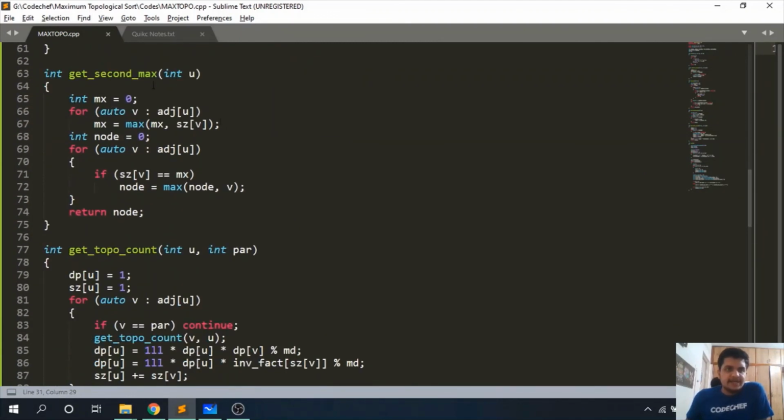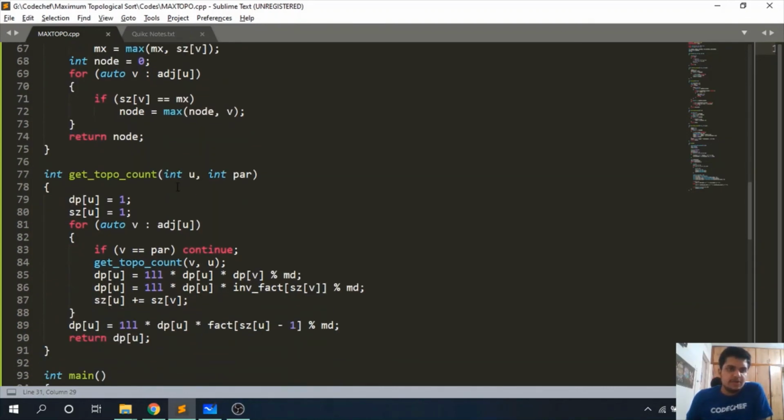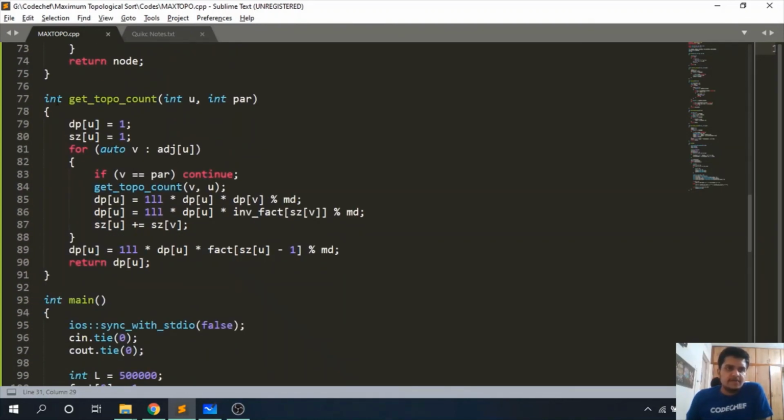In get second max, int u is our centroid. What we are doing is finding the node which is a child of the centroid with the maximum subtree size, as we checked in the solution approach. Lastly, we have a function called get topo count.